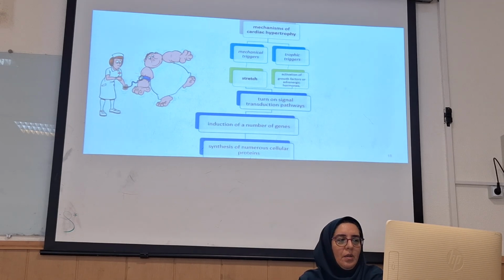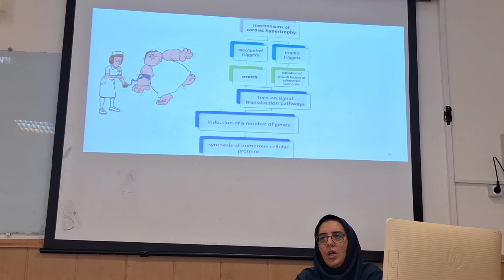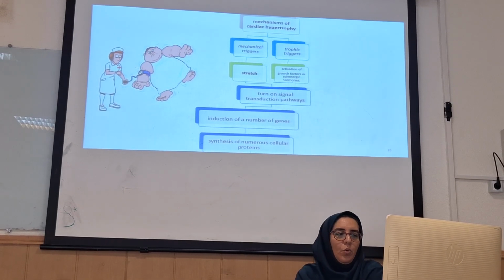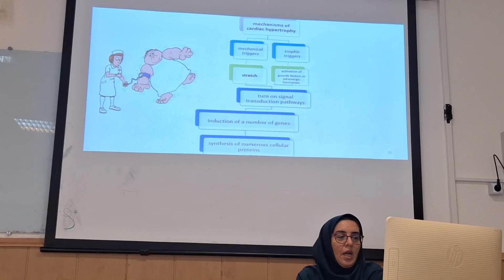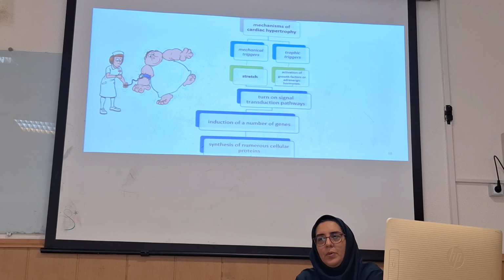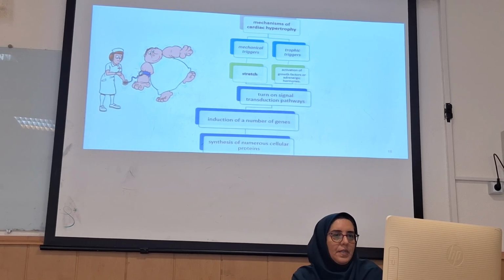We have many mechanisms for hypertrophy. In some situations, a mechanical trigger, stretch, for example, in hypertension or valve stenosis, or a trophic trigger, for example, adrenergic or hormonal stimulation. Then we have signal transduction pathways, induction of new genes, and synthesis of new intracellular organelles, and enlargement of the size of cells.